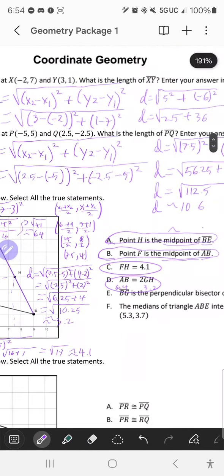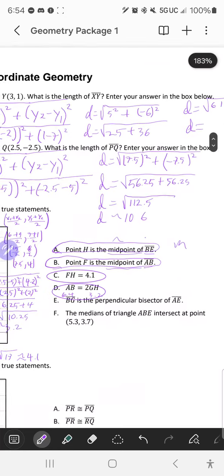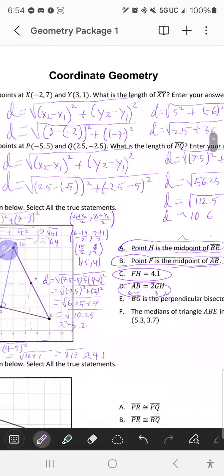So let's calculate the slope. I hope that you guys know the slope formula, which is m equal y2 minus y1 over x2 minus x1.